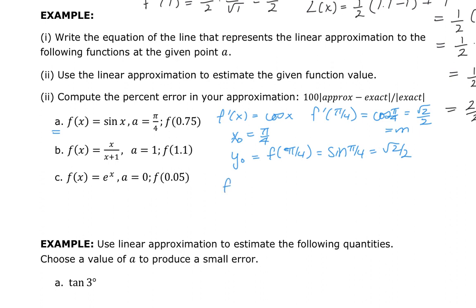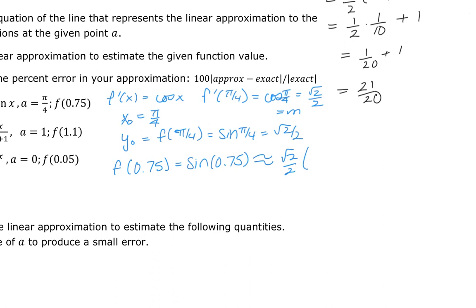So f of 0.75, which is equal to the sine of 0.75, is approximately equal to my slope, which is the square root of 2 over 2, multiplied by my point of interest, 0.75 minus pi over 4, and then plus my output, my y naught, which was the square root of 2 over 2.